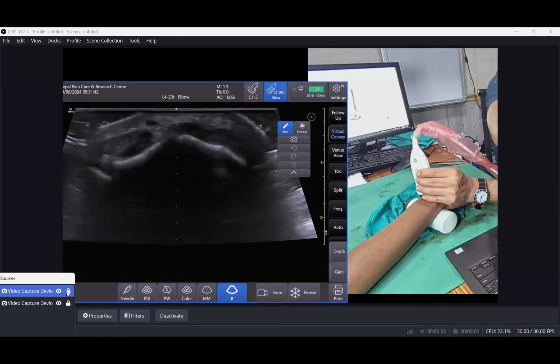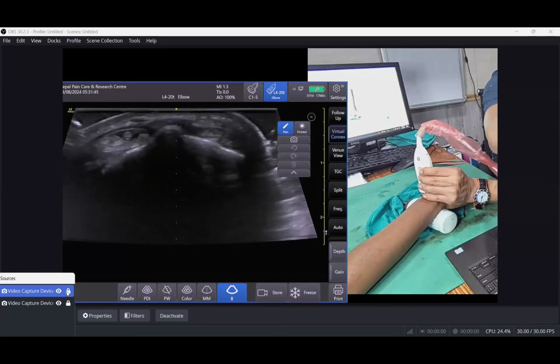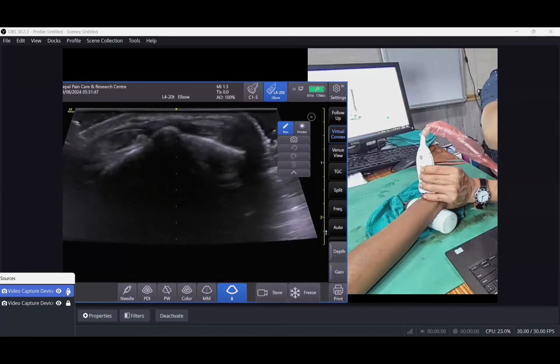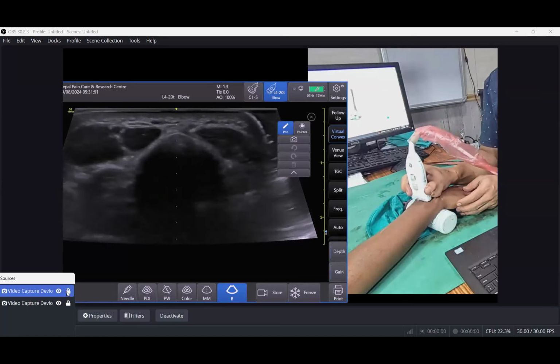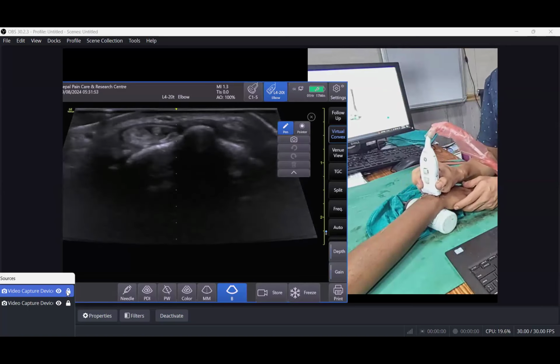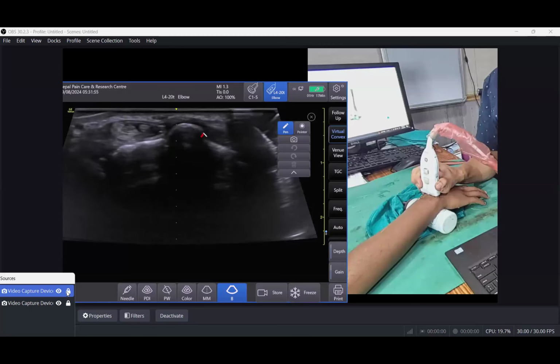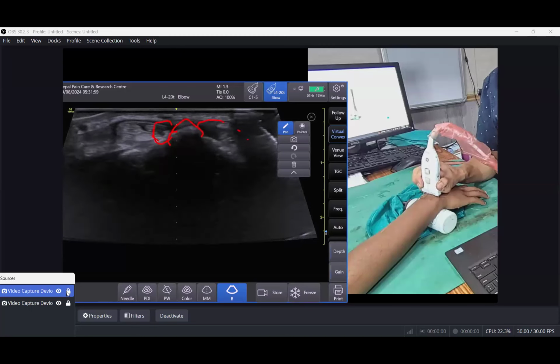So this is the Lister's tubercle. Okay, so this one is Lister's tubercle, and this is compartment number 3, and this is compartment number 2.